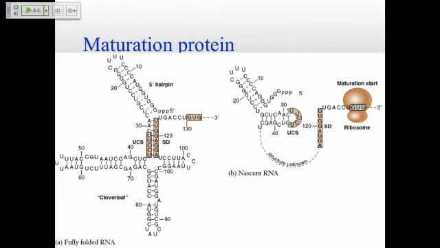The last one's the maturation protein. This one's not dependent on translation. It's dependent on replication. And again, it also makes sense. We'll hear much more about this later on in a lot of the other viruses. The only way you make the maturation protein, which is really the last protein that you need in order to make virions, is once you've made genomes. And once you've made a new genome that's going to get packaged, the new genome, again, makes a secondary structure, as you have for all of these RNA viruses.